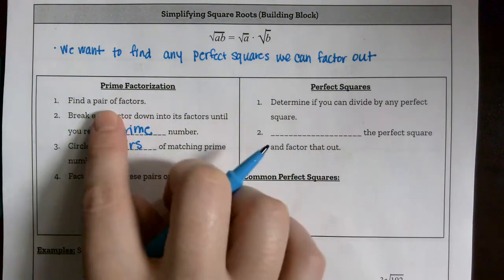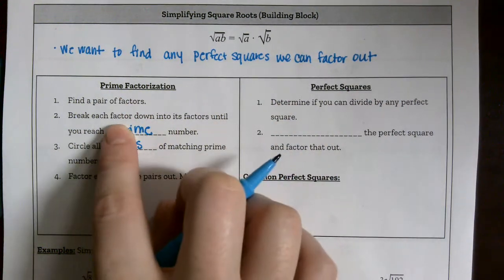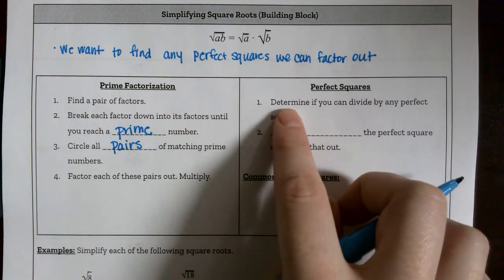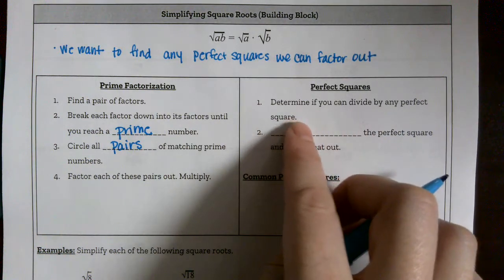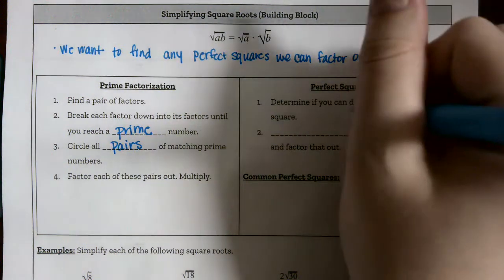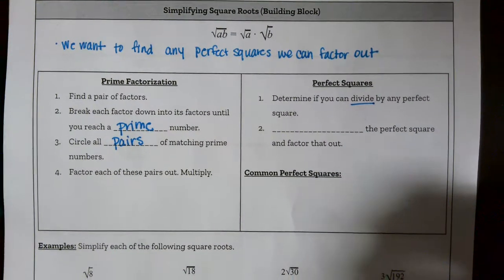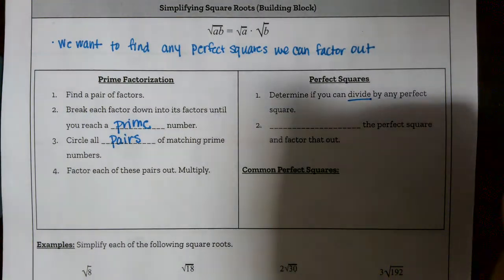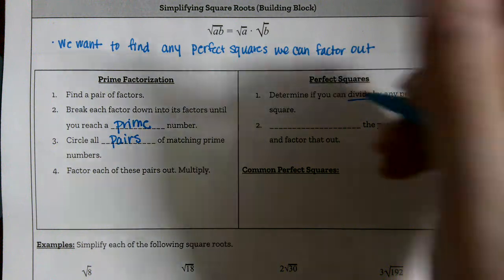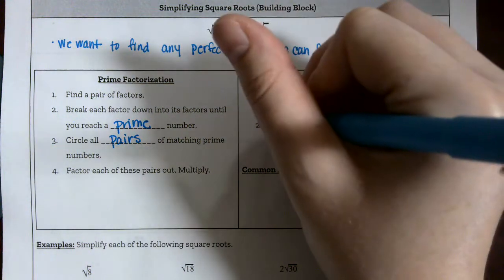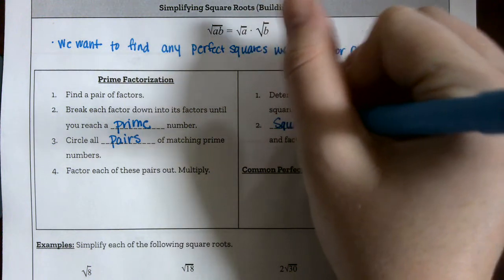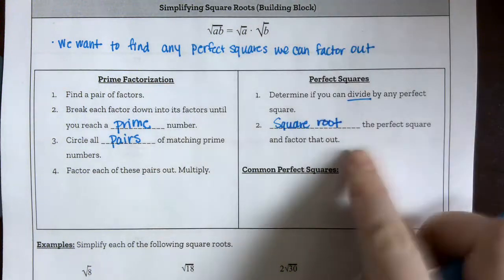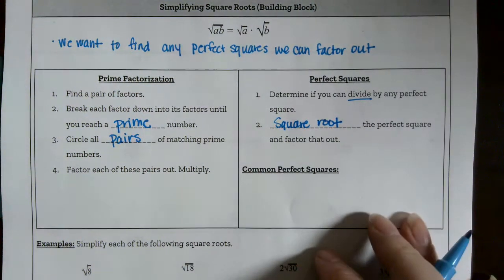Instead of finding all the prime numbers that possibly go into it, you can figure out if you have any perfect squares involved. So determine if you can divide by any perfect square. Then you are going to square root that perfect square and factor that number out.